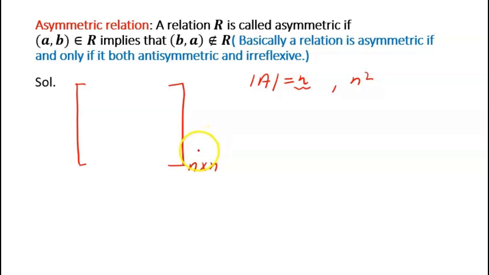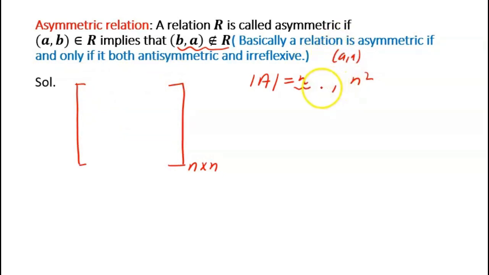Next, what is an asymmetric relation? An asymmetric relation is that if a,b is in R, then b,a should not be in R. Now in the asymmetric relation, we are also not allowed to place those elements which are of a,a kind, right?